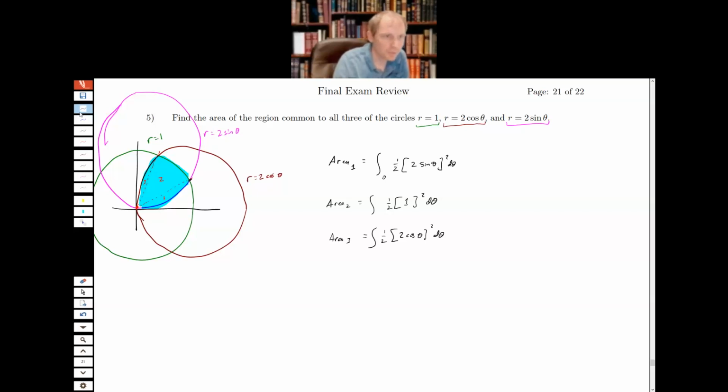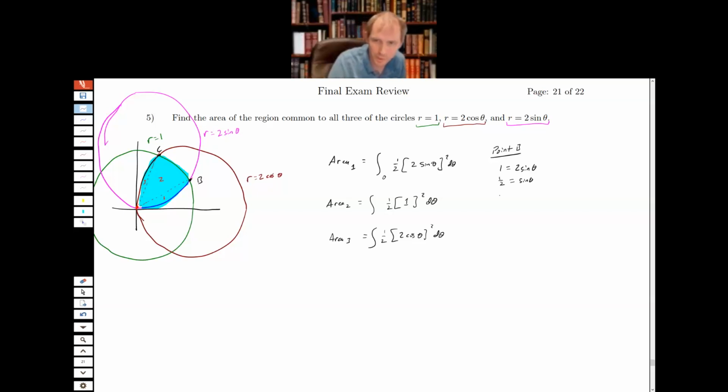Okay, so now let's find these intersection points. So this first intersection point, maybe I'll call this point B, call this one point C. So point B is where the green circle and the pink circle intersect. So what I want to do is find an angle where I get the same radius from the green and the pink. So I set the two equal to each other. 1 equals 2 sine theta. So 1/2 equals sine theta.